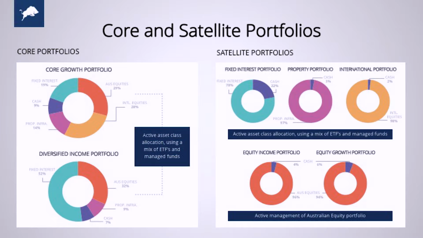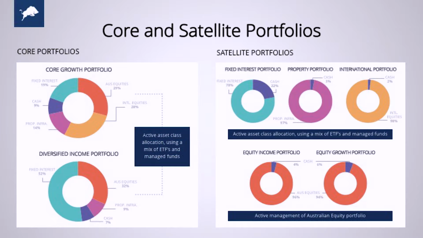So say you've got your core growth there, but you wanted an active manager to try and beat the market and get above-market returns. Then you could mix it with the equity income portfolio and the equity growth portfolio that are provided to us by Intelligent Investor. Of course, you can mix it with any other fund manager out there as well and keep that as your core.